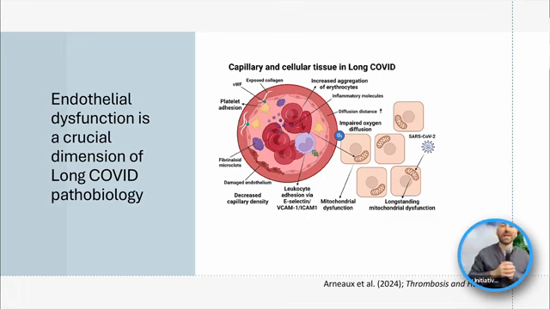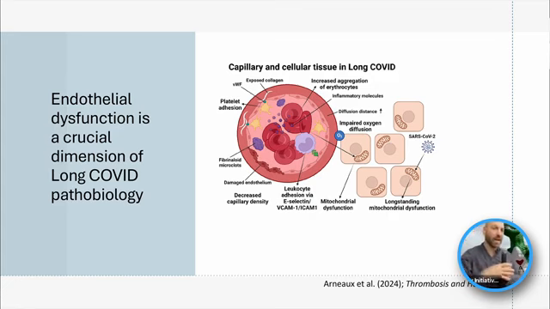I also just want to point out that there is a large body of evidence. This is a really great paper to look into as a systematic review of all the ways that COVID can cause damage to blood vessels, and then the formation of microclots and platelet hyperactivation. We also see this occurring in ME/CFS and chronic Lyme disease, but the microclots are much smaller than what we see in long COVID.